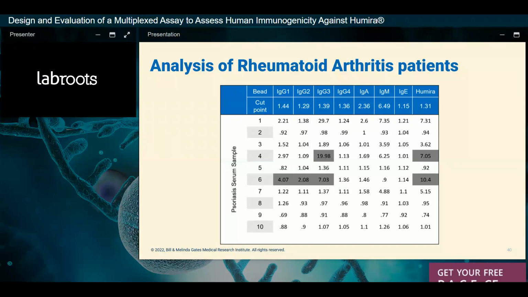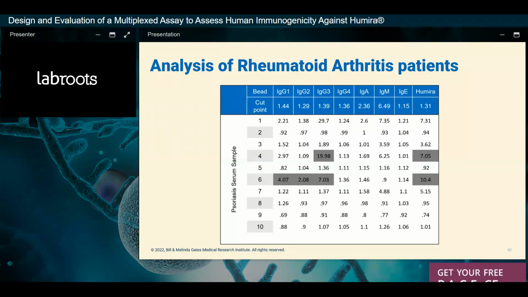And of those that confirmed positive, we were able to find an IgG3 type response in one of them, and then a mixed response of IgG1, 2, and 3 in a different patient that had a high amount of anti-Humira. And again, one turned out to be a false positive, even though in this first sample it was 7.3, way above the cut point, but that turned out to be some sort of cross-reactive artifact that did not confirm.